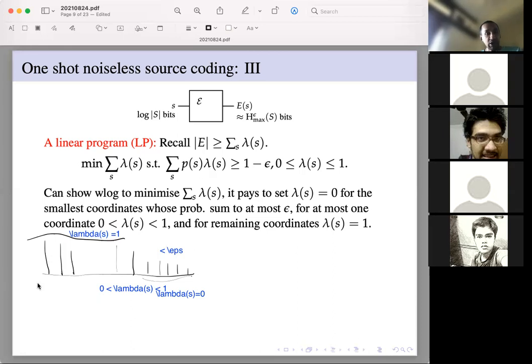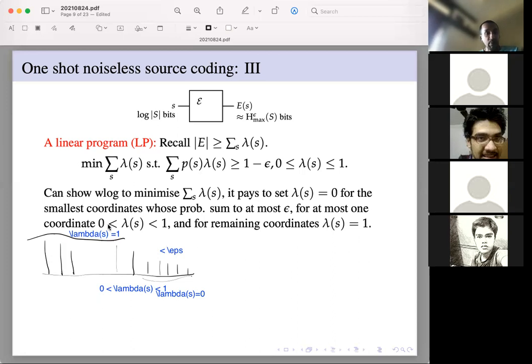So what have I got? The left guys, the summation of their probabilities, is something, and then there is one more guy out here, this borderline guy where the lambda s is between 0 and 1. Let us say I overcompensate, and I also add the probability of this borderline guy to the left hand side of this inequality.